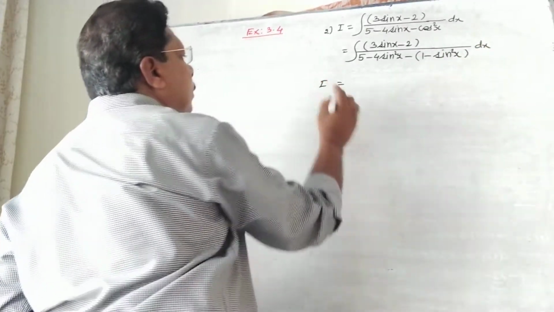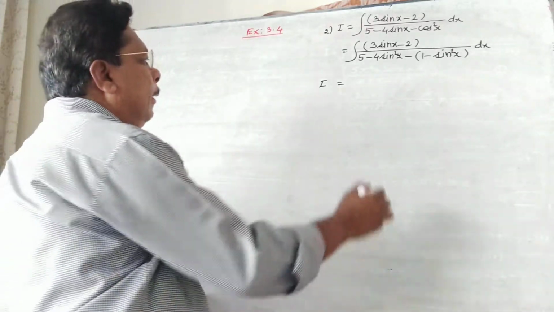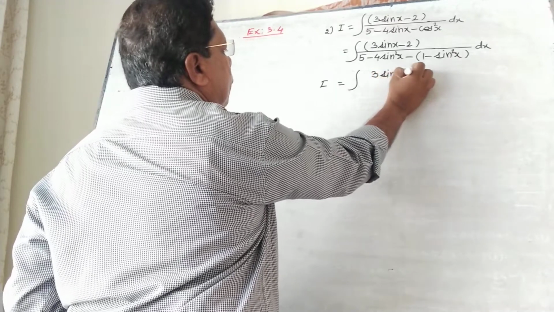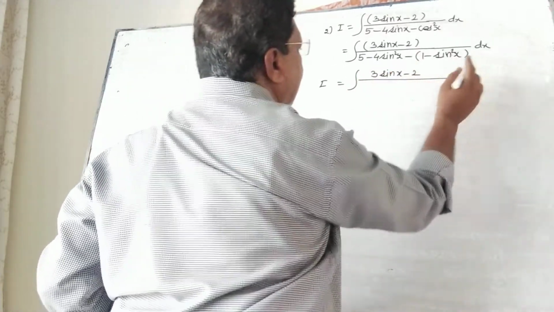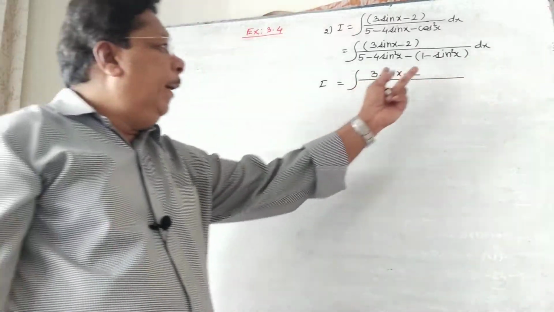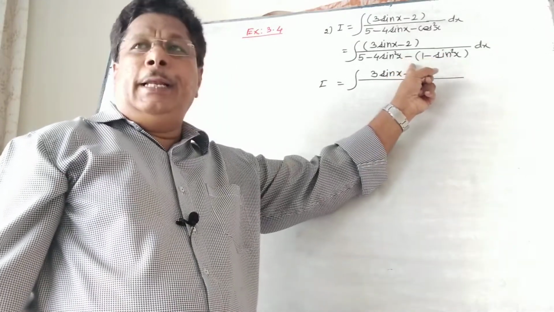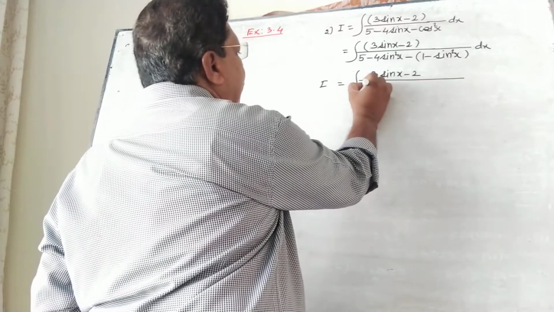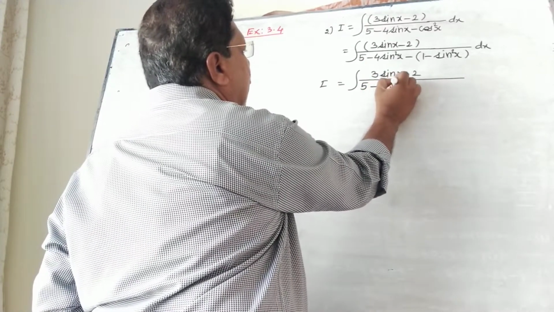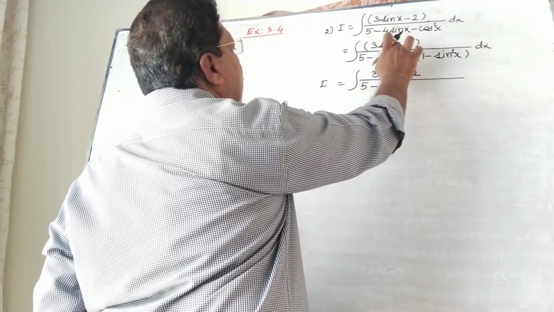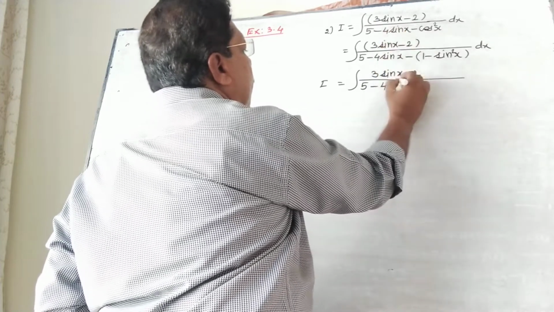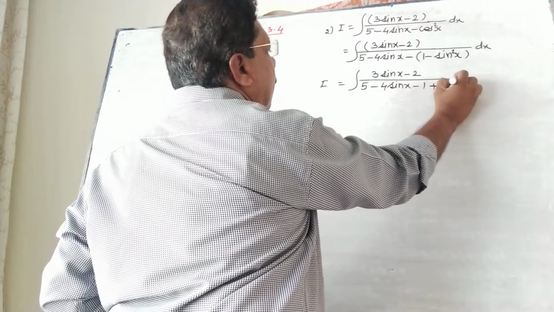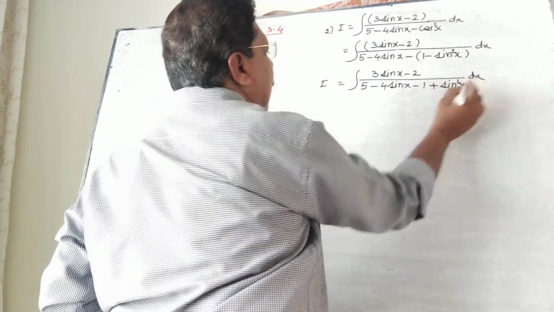So this becomes a simplified denominator. Numerator as it is, integration of 3 sin x minus 2, no change in the numerator. Now in the denominator, outside the bracket minus sign is there, so change the sign of each term. In the bracket, 5 minus 4 sin, sorry, it is sin x only, not sin square x. 5 minus 4 sin x minus 1 plus sin square x dx.